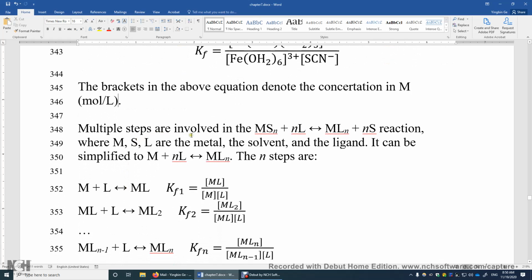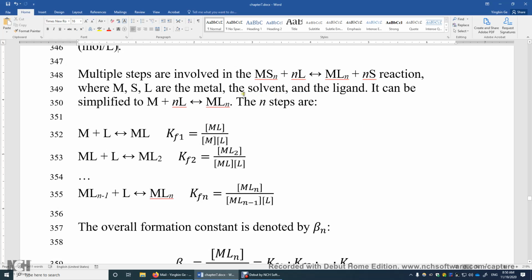There can be multiple steps in this reaction. So over here, this M is bonded to N solvent ligands. It may react with N new ligands to form ML sub N. So this is a new transition metal complex with N new L ligands bonded to M. And then these are N solvent molecules. So again, in this case, M, S, L are metal, solvent, and ligand.